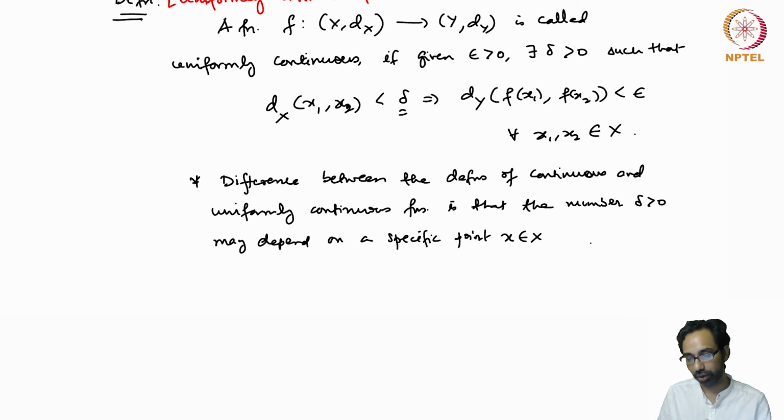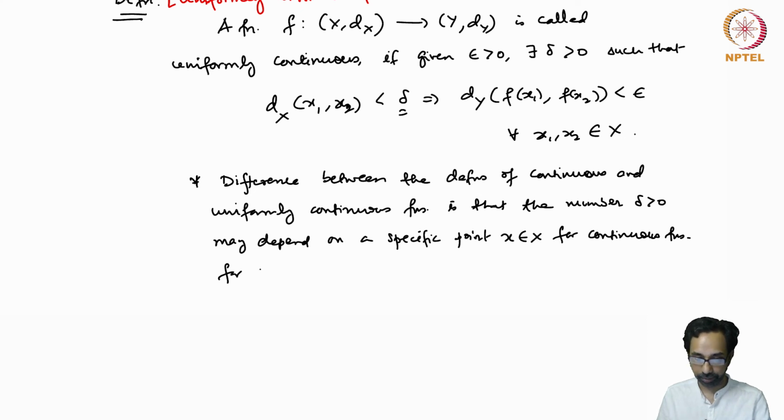You cannot choose a delta which is independent of the chosen point x for continuous functions. In general, for continuous functions, the delta will depend on the choice of the point x. In the epsilon delta definition, we choose an epsilon greater than 0 and a point x, and then we conclude that there exists a delta.